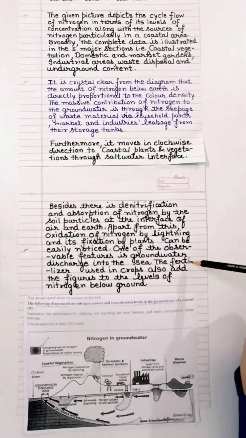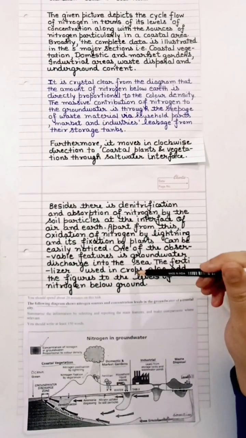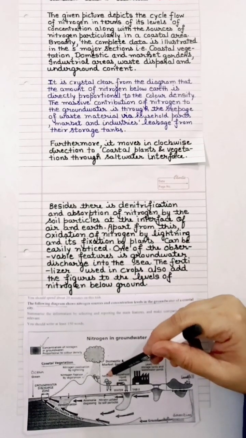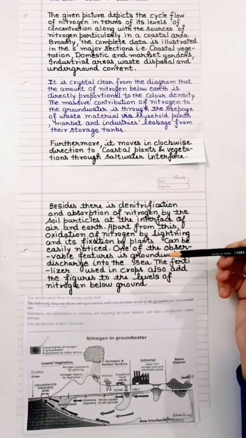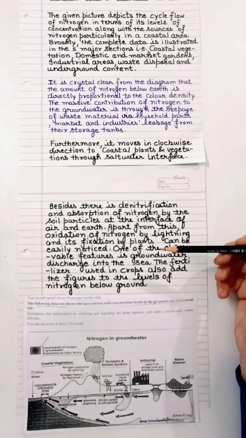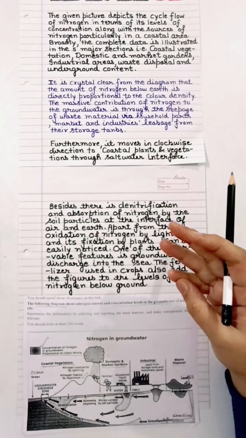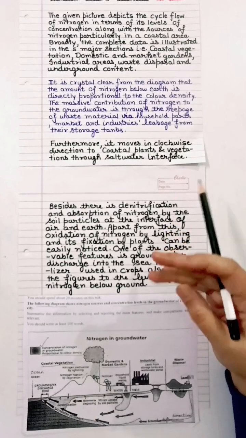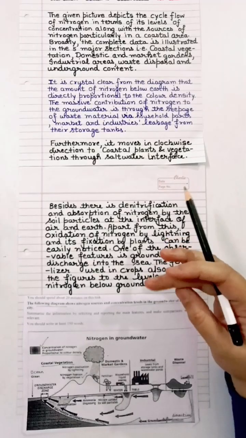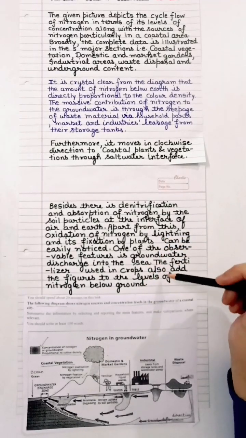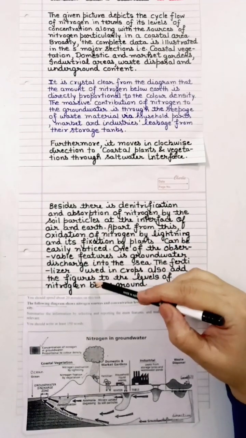The fertilizer used in crops, here fertilizer, okay, and these are used where? It is quite obvious, these are used in crops. We are not using the plants word, we are not using vegetation, because we have already used it. So what is the next synonym? Crops. Also add the figures.